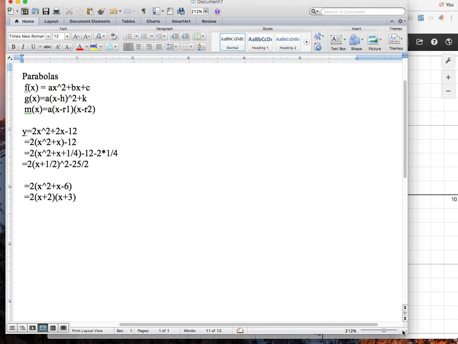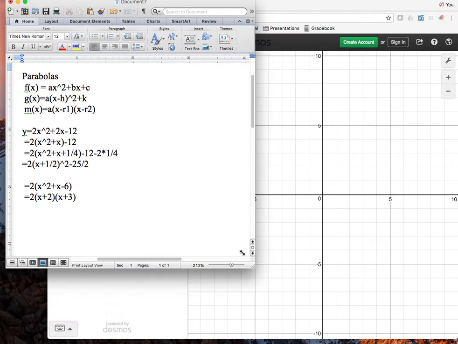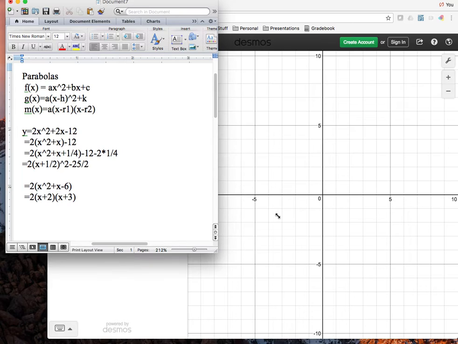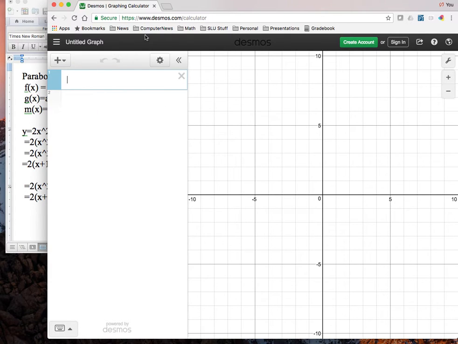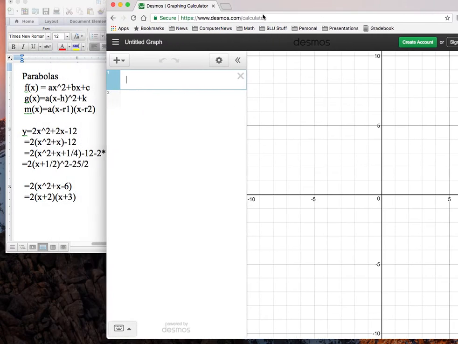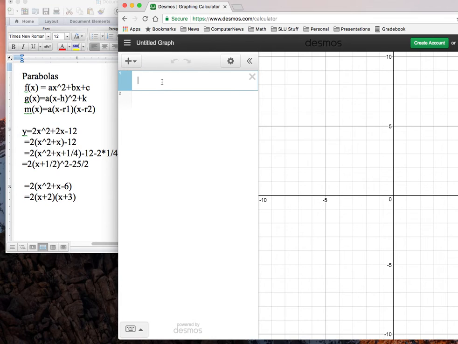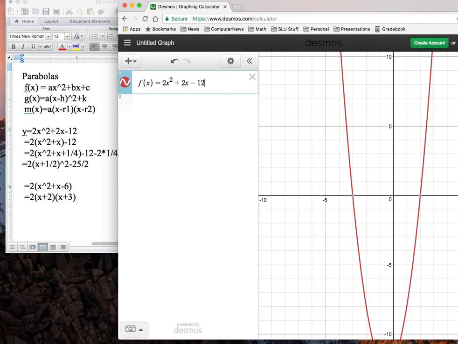And so what I'd like to do is go to Desmos and graph them and see if I get the same thing. And so the first one was f of x equals 2x squared plus 2x minus 12.